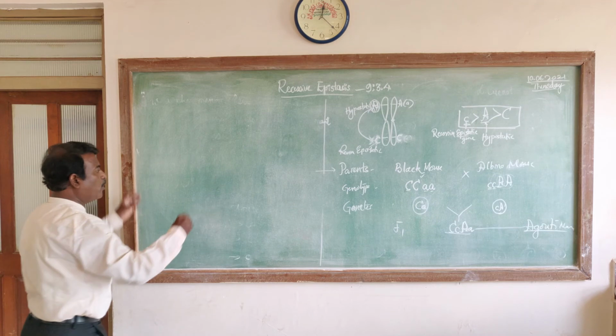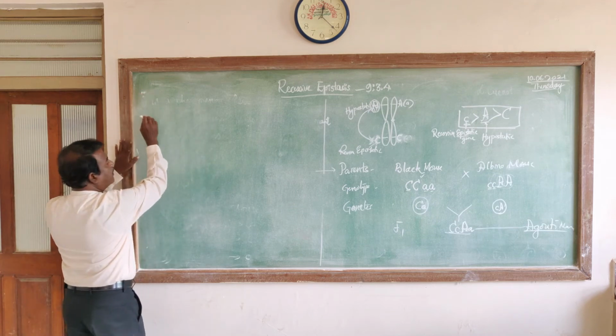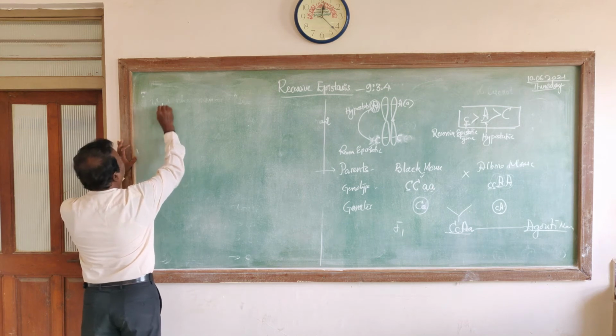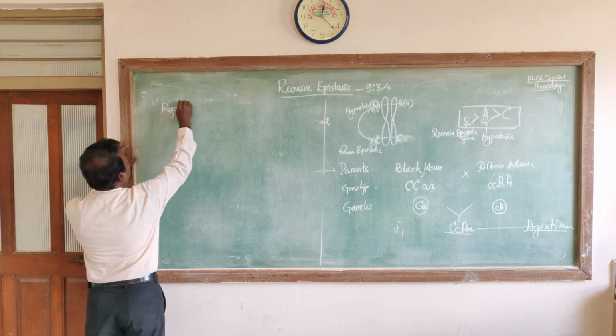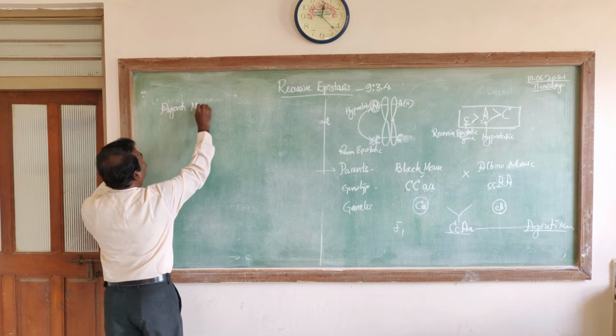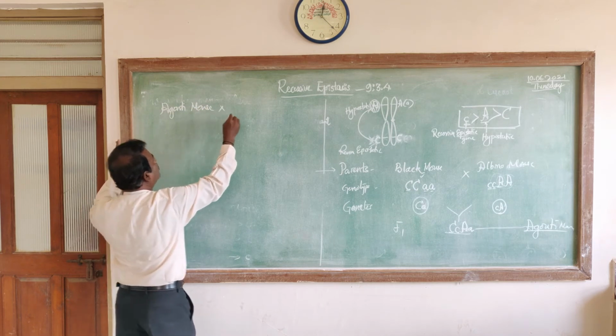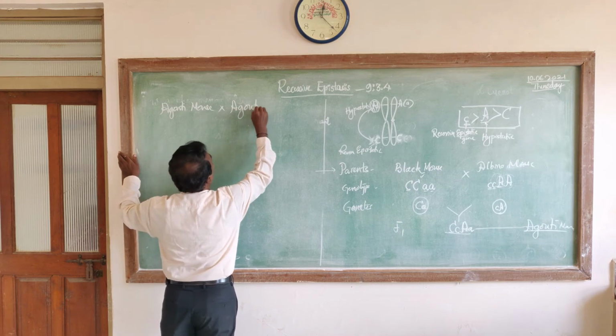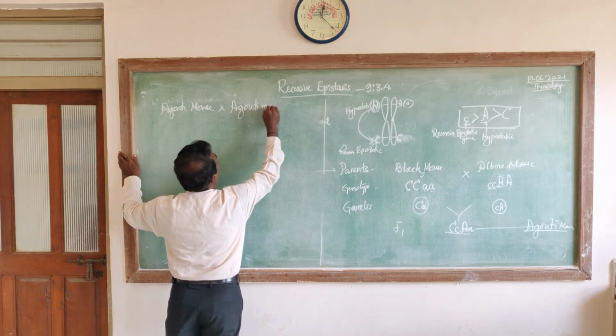Why? Because we are going to take the F1 generation as parents here. What is it? An agouti colored mouse of the F1 generation with another agouti mouse.